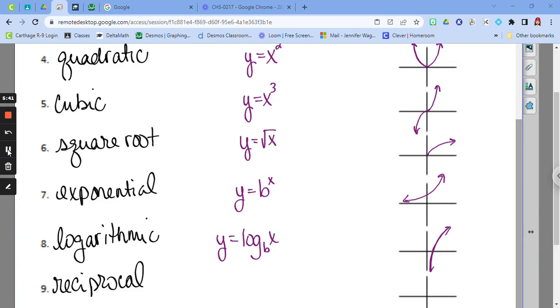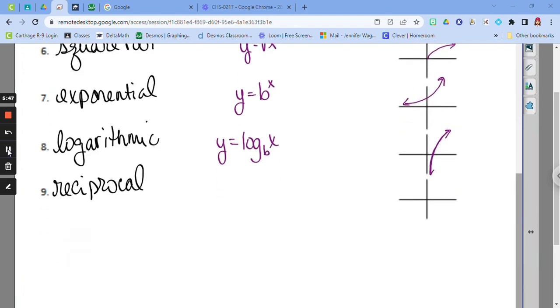Reciprocal functions approach both the x and the y-axis. So you have your x in your denominator. So we have a curve in quadrant 1 and a curve in quadrant 3.